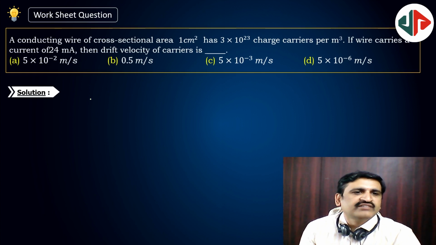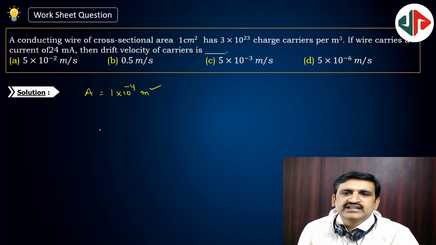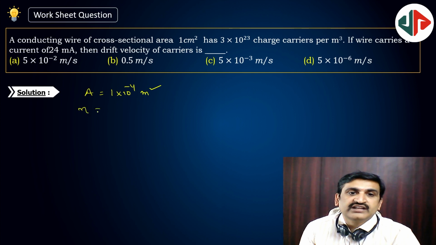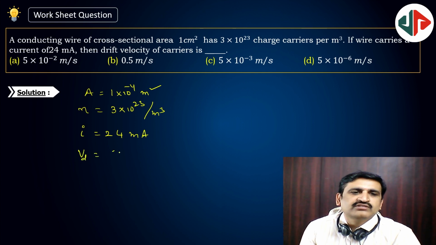A conducting wire of cross-section area A is equal to 1 into 10 to the power of minus 4 has charge carriers 3 into 10 to the power of 23 per meter cube. The wire carries a current I equal to 24 milliamps. Then the drift velocity is equal to how much?